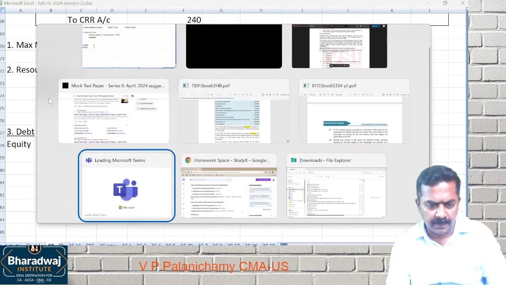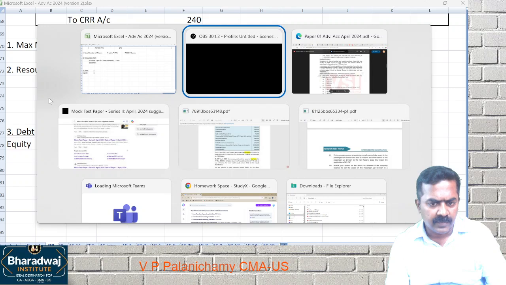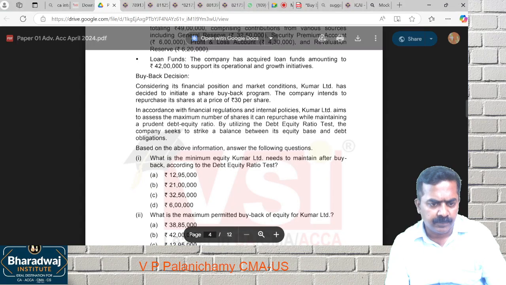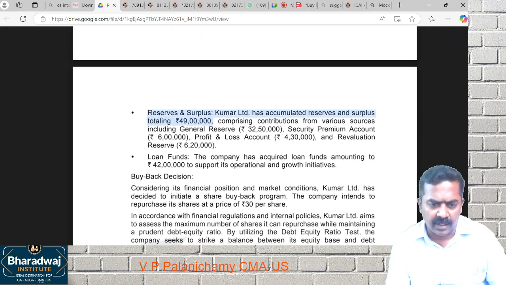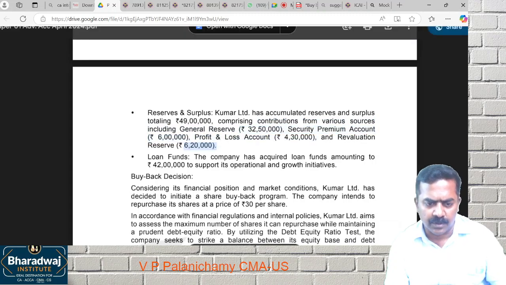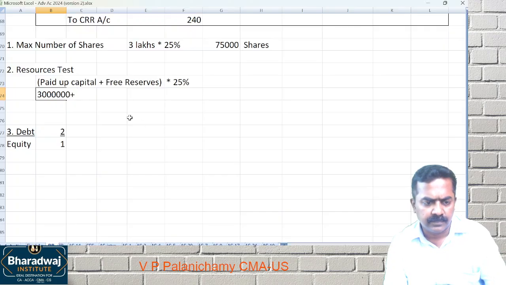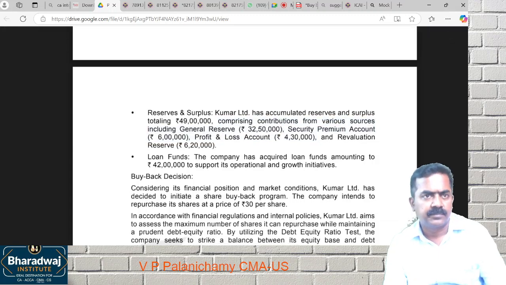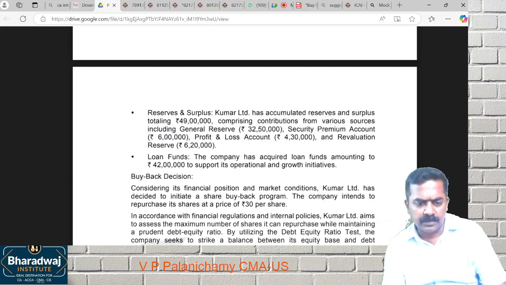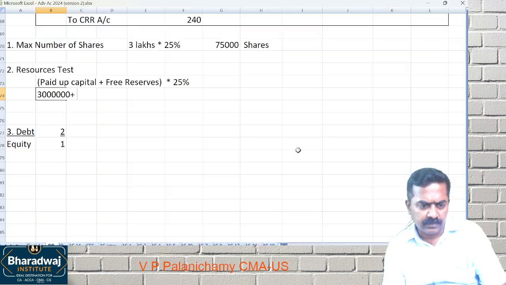You will take all of these. 36 lakhs. Other than revaluation reserves, how much will it be? It can be taken, it is a free reserve for buyback. So how much comes? 42 lakh 80.